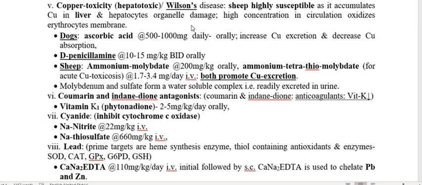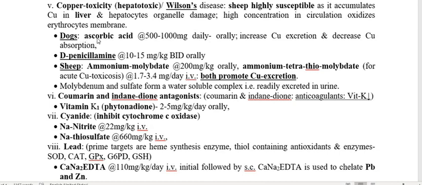For therapeutic agents, we are using the main agents: ascorbic acid, D-penicillamine, ammonium molybdate, and ammonium tetrathiomolybdate. So we have to go one by one.